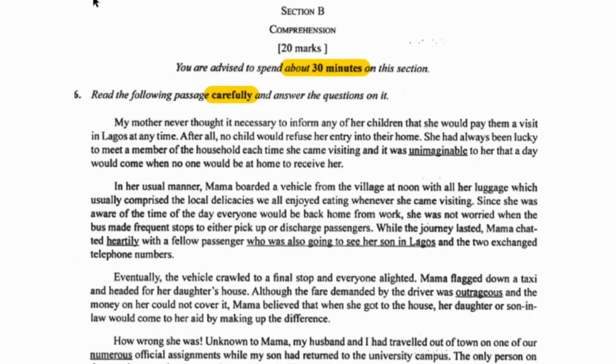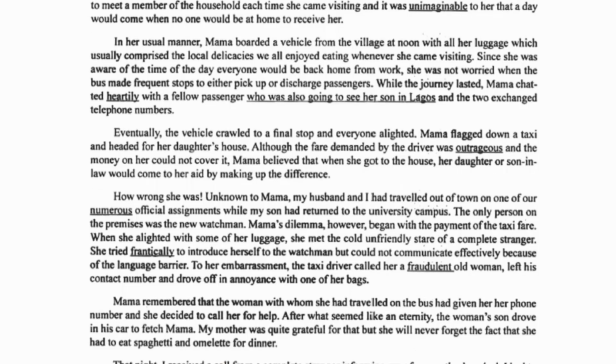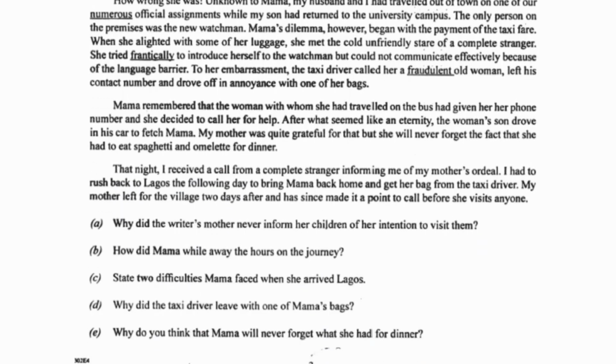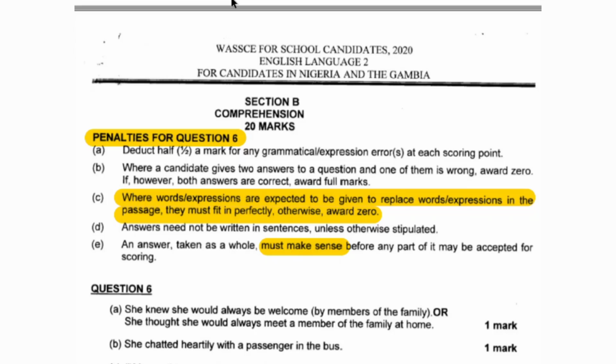I'm not going to go through all this. I'm not going to dwell on it. I just want to draw your attention to salient points that WAEC is focusing on in marking your exam, so that we can prepare you to gain that exam. If you have gone through the whole comprehension, then we have these questions for you to answer. But this is what I want to draw your attention to.